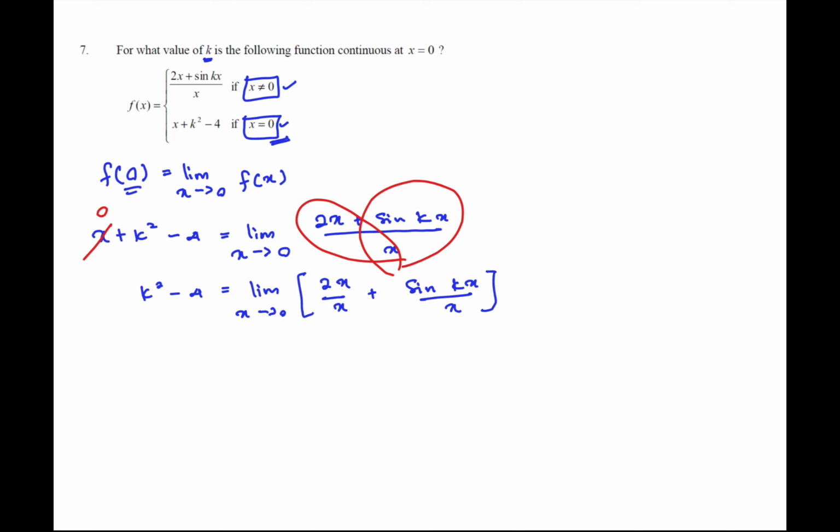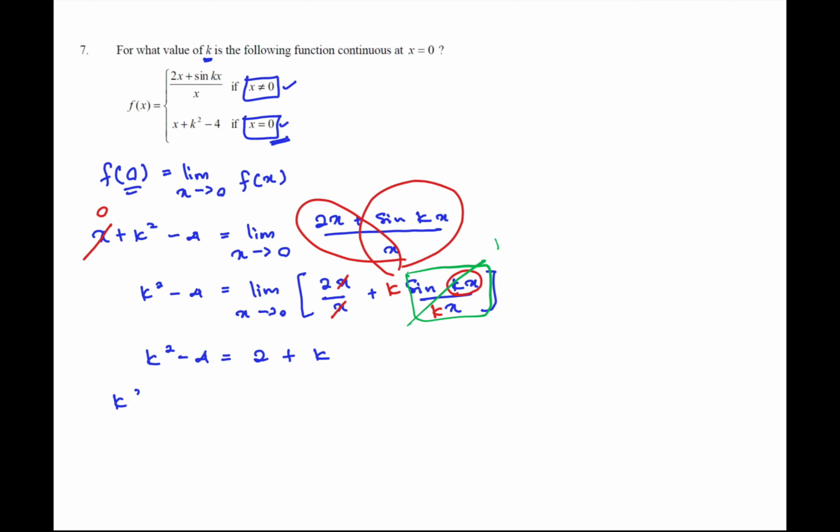This one we can simplify, equal to 2, and then since the angle involves kx, you need to multiply by k here, and then divide by k. So this value we get equals 1. Okay, so k squared minus 4 equal to 2 plus k.